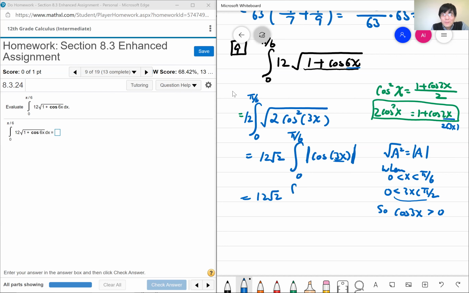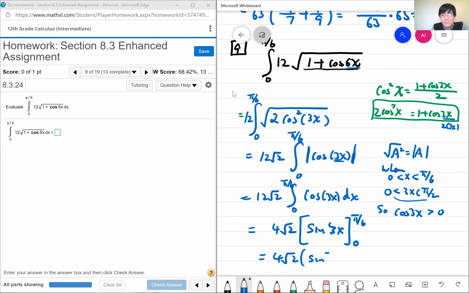So we don't need to split into cases this time, and we can remove the absolute value sign as is. Now you integrate it, you're gonna get 4 square root of 2 sine 3x from 0 through pi over 6. So that's gonna be sine pi over 2 minus sine 0, which is 1 minus 0. So the answer is 4 square root of 2.